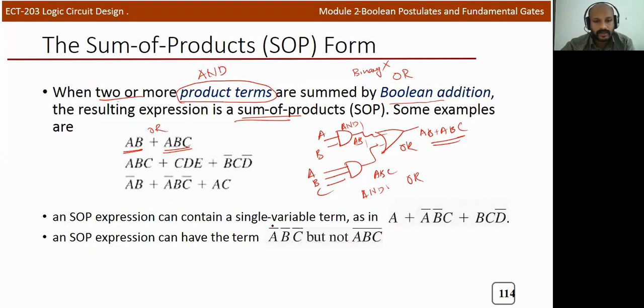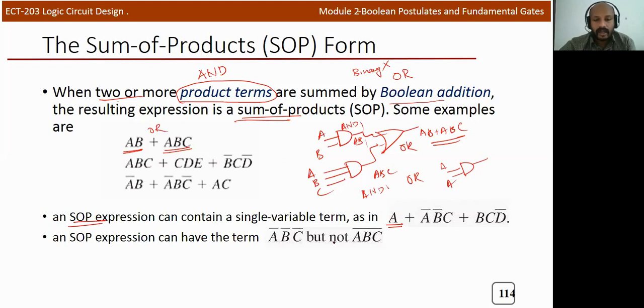Two cases we will discuss here. Even if it is only a single variable, we can consider it as an SOP form. Here you can see there is no product term actually, but a single A. This single A I can write like this, A into A, so it can be written as an AND form. So we will consider this expression also in SOP form.